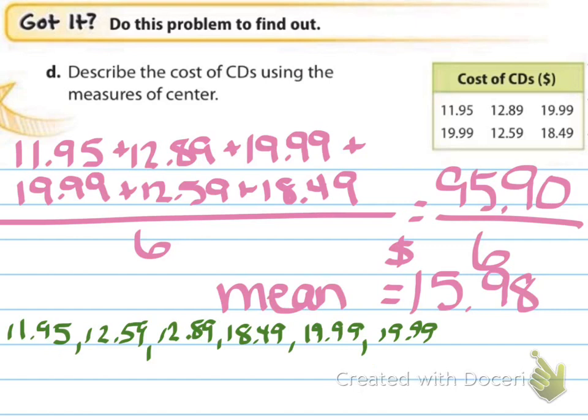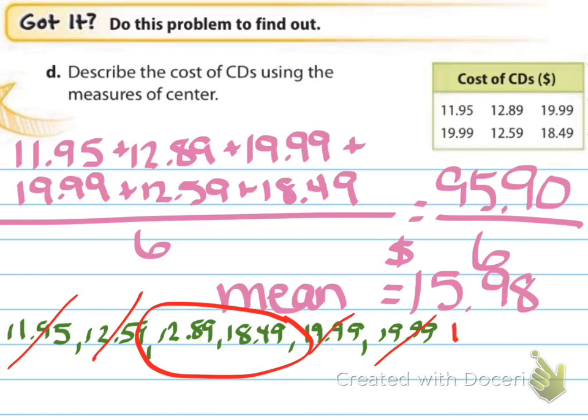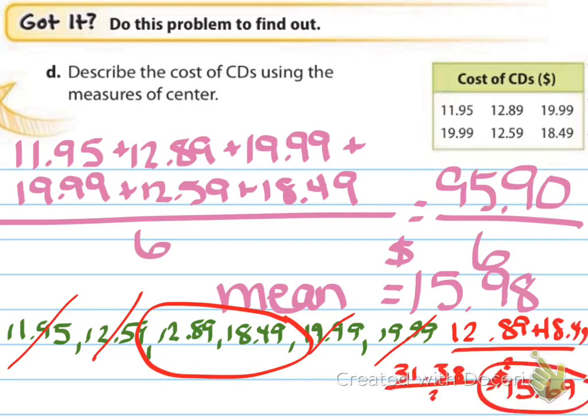And so we're going to do our tag you're it, tag you're it, tag you're it. We get our two middle ones. Of course, our two middle ones are going to be $12.84 and $18.49. So we need to find the number that falls directly in the center of that. We do that by adding these two together and then dividing by 2. So go ahead. Let me work.